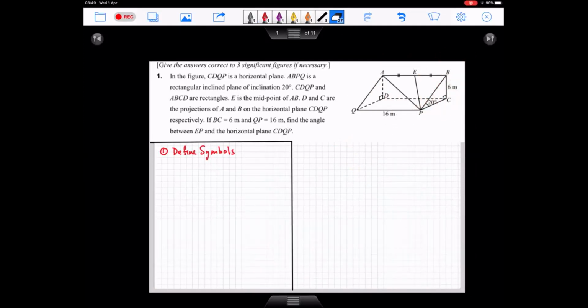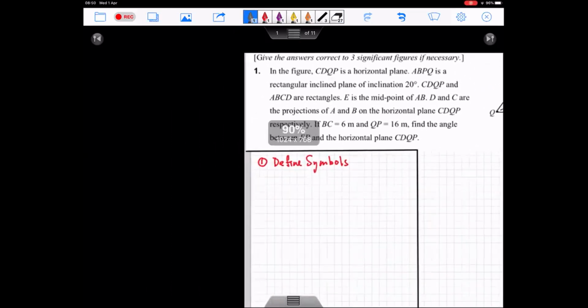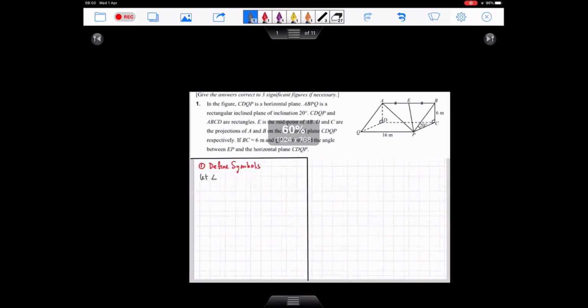So that is the importance of defining symbols. But how do we do that? There are 2 ways. One is the hard way, one is the easy way. The hard way is to do it in writing: let angle EPB be theta, something like that.